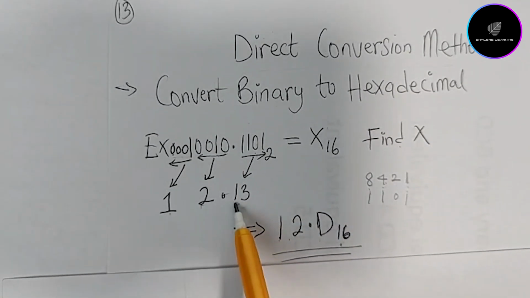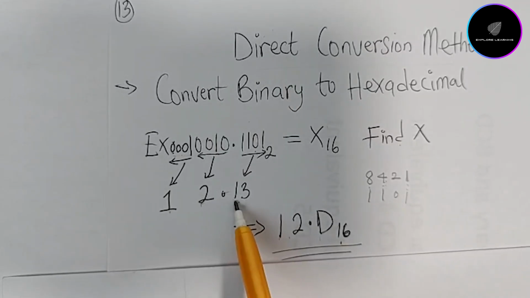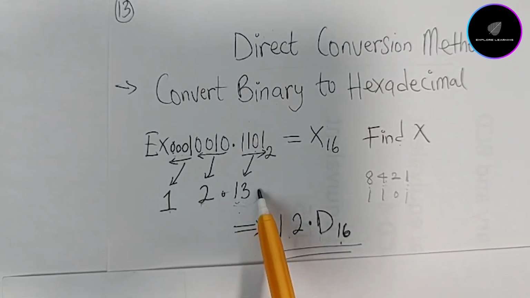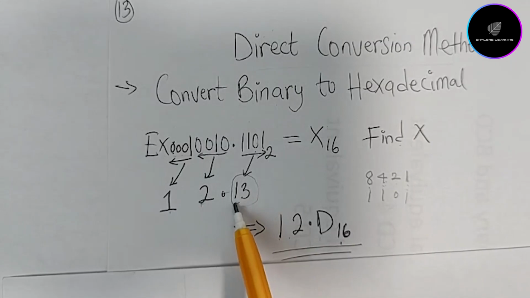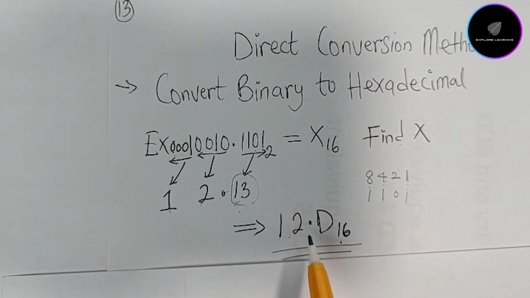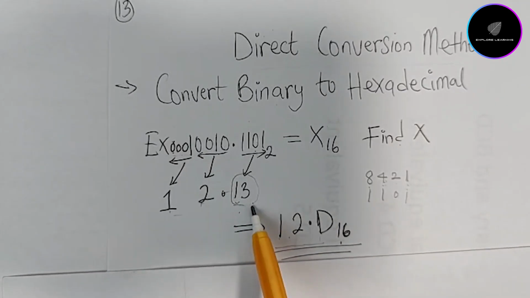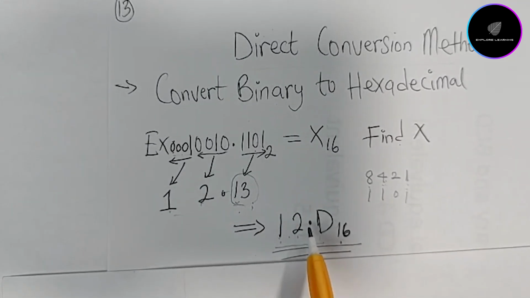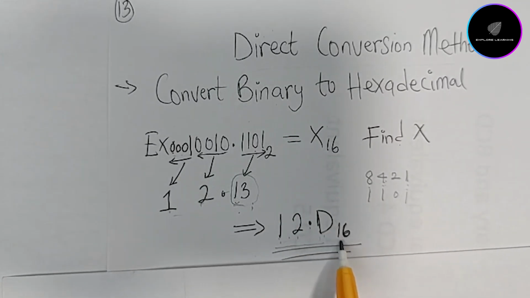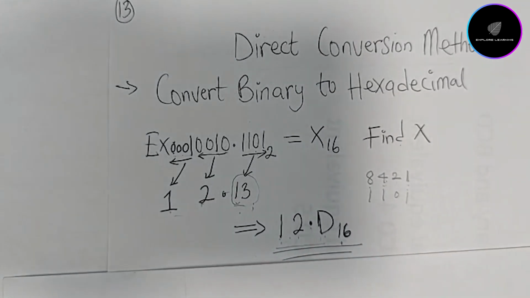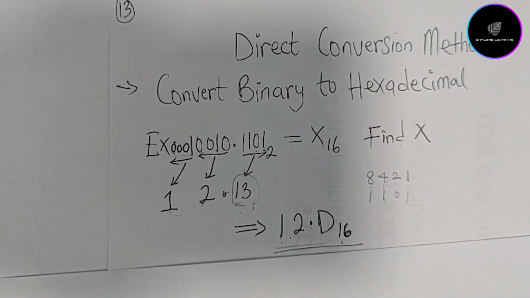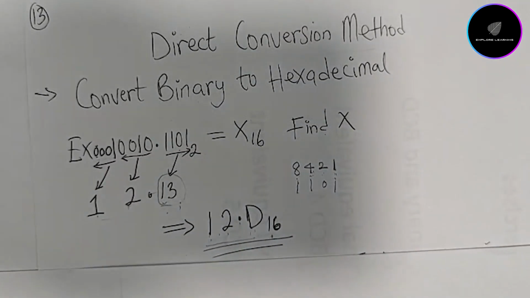Always ensure that once the value is greater than 9, you convert it to the alphabet in terms of the hexadecimal number system, or else if you leave your answer that way, it means something totally different. So therefore we have 12.D base 16. This is how simple it is to resolve a question like this.